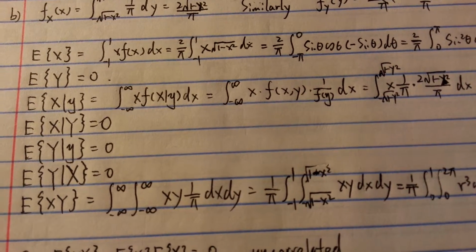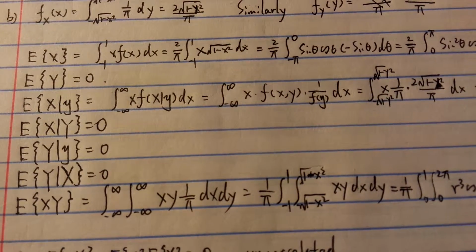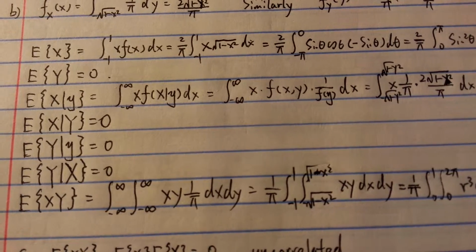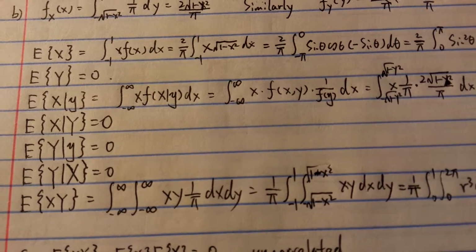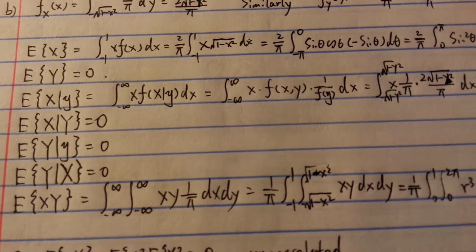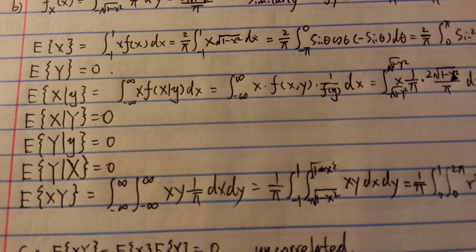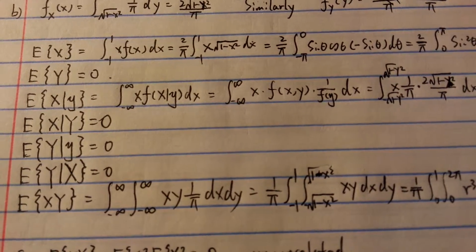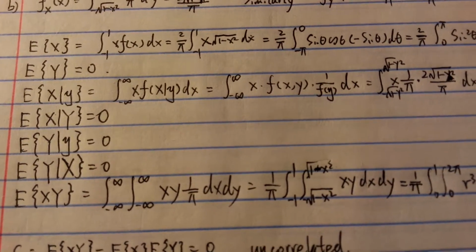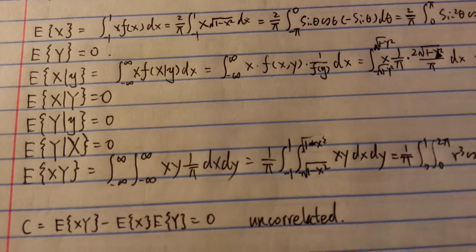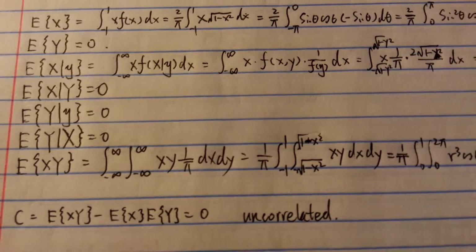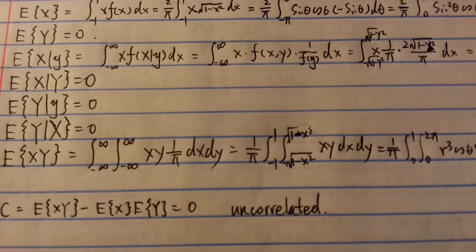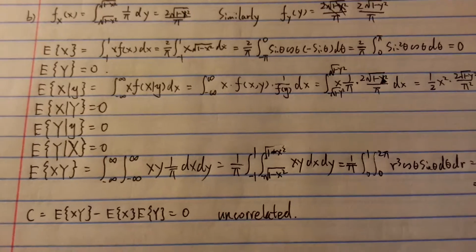Because the density function of x and the density function of y are the same, the expectation of y under the condition of the random variable X is also equal to 0. Finally, what we need to find is the expectation of x times y, and this is very simple.